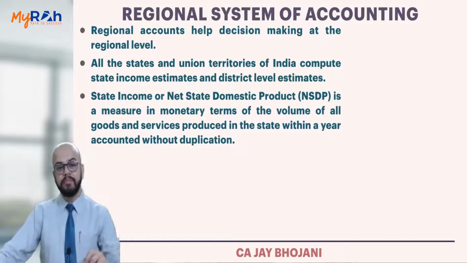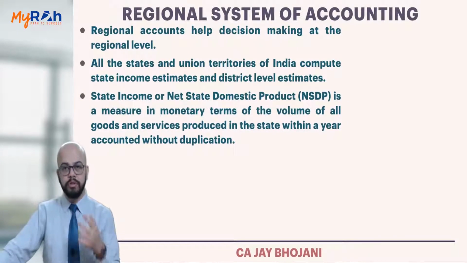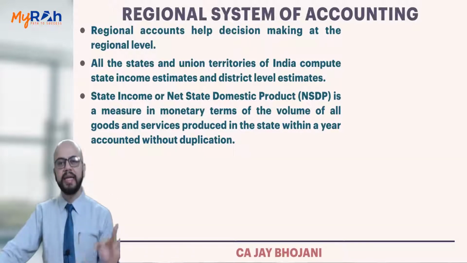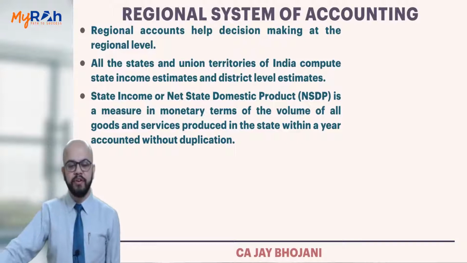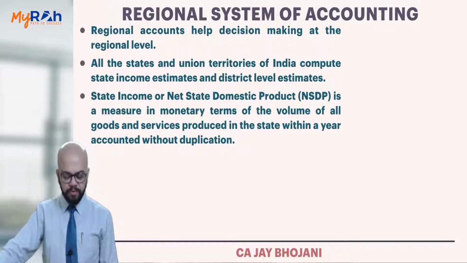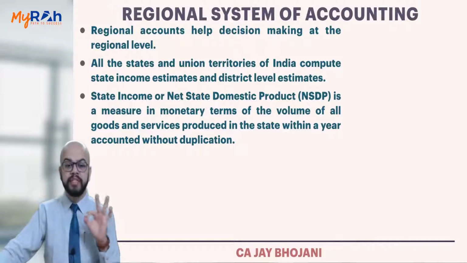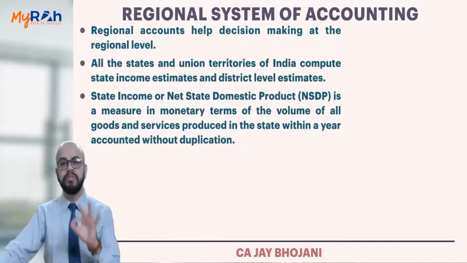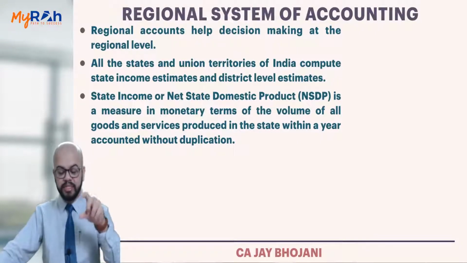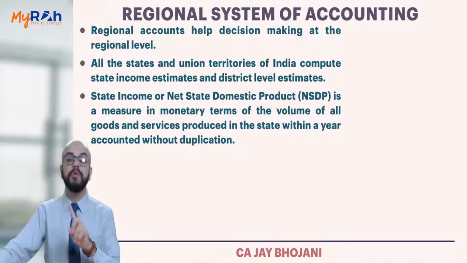State income, which is also known as net state domestic product, NSDP, is a measure in monetary terms of the volume of all goods and services produced within the state within a year without duplication.